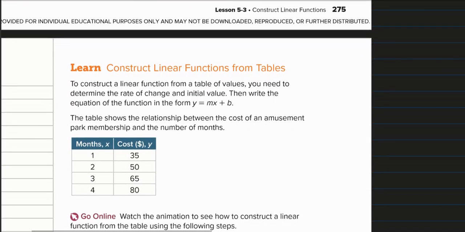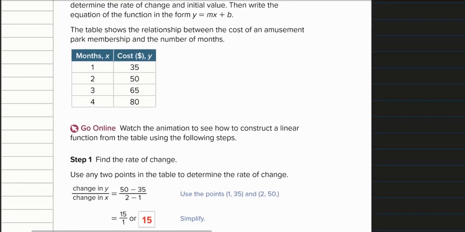Let's see what happens if we have a table. So we've already kind of done this before. Not much is changing. We're still using, for our slope, our change in y over our change in x. Our b value is when we have 0 for our x value.